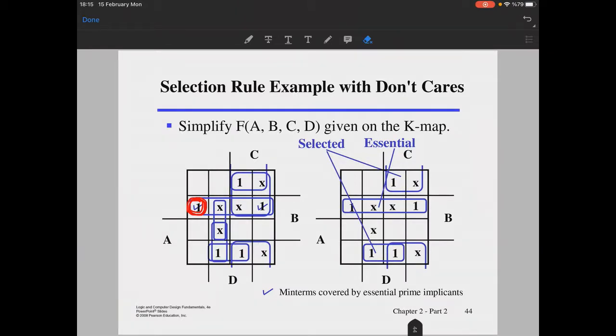And I particularly place my essential prime implicant first here, this one, see? Then I select them with minimum overlap, this one and this one, for example, with minimum overlap between my variety of selection possibility between the other prime implicants.